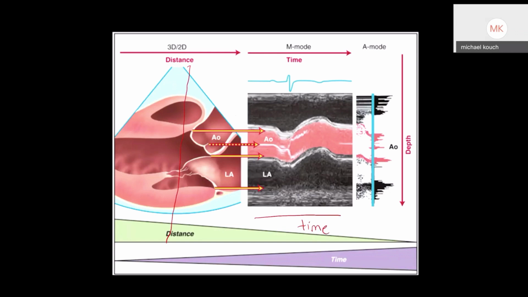So everything along that line will be constantly imaged, and all of the movements that structure makes will be shown on the image on the right-hand side of the screen, okay?